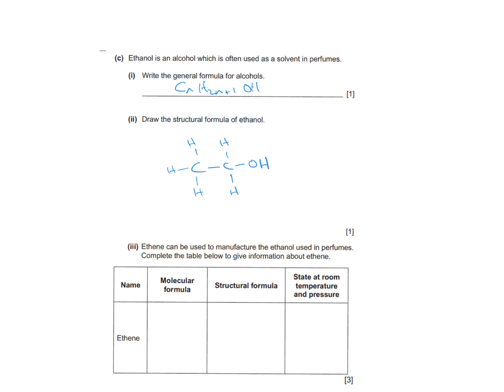If the question had clearly stated to show all of the bonds, then you would have shown the bond between the O and the H. Now, if you've done the O down here, which is perfectly fine, or you could have put the OH on this side, but the carbon must be bonded to the O. So again, if I just do it this way, just to make you understand what I mean, it must be that. Do not do this, okay? That'll cost you a mark.